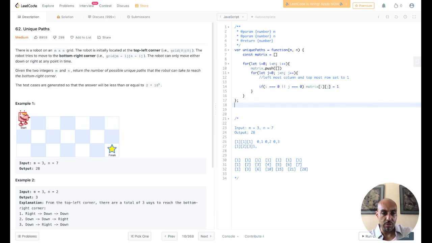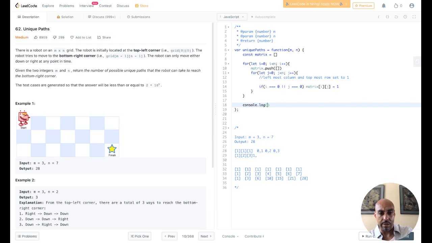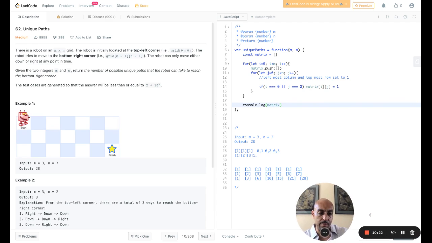Now what I like to do, just to make sure I'm doing things correctly, is console.log our matrix and see what we get here.